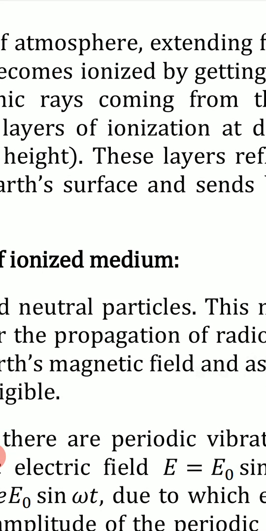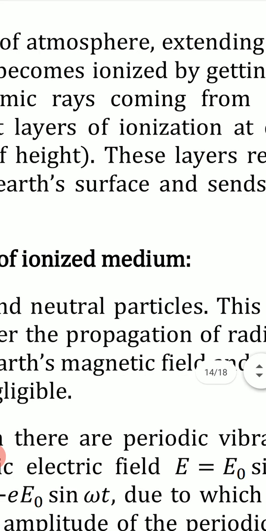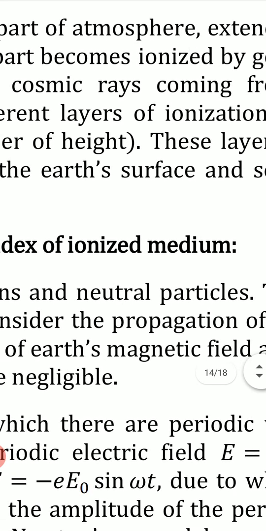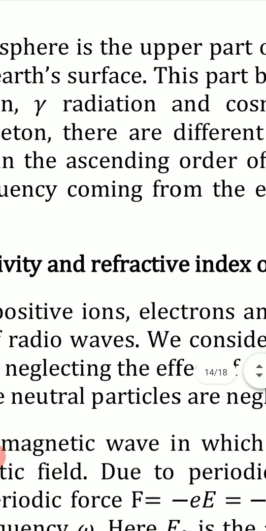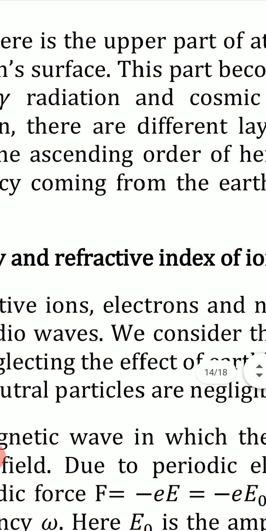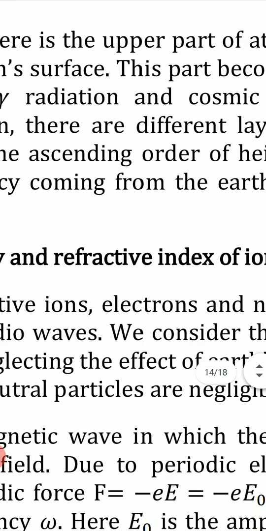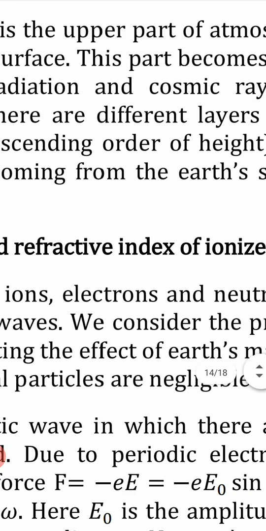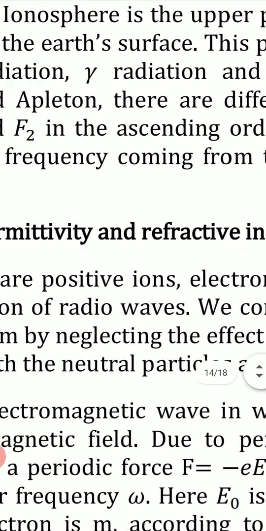If a gas becomes ionized, then electron and positive ion pairs are produced. So in this ionized medium, in ionosphere, we have electrons, positive ions, and some neutral atoms.